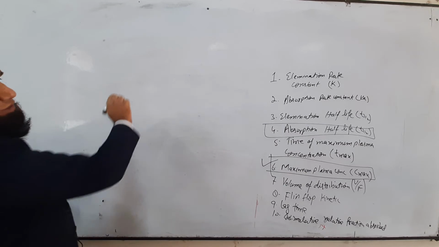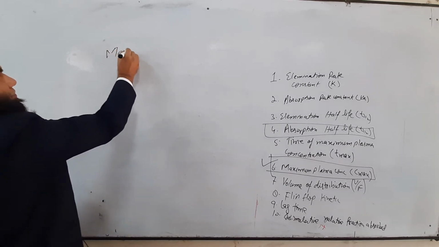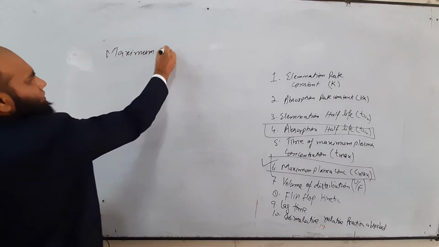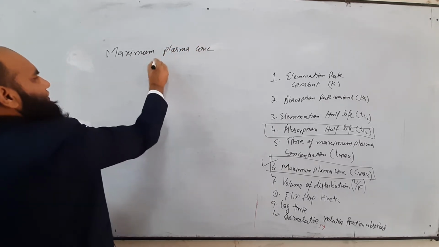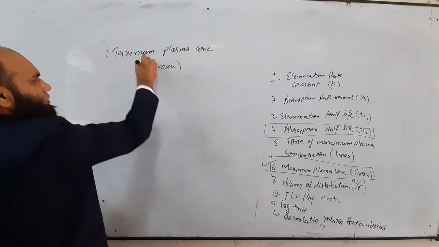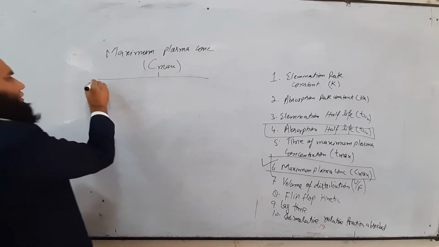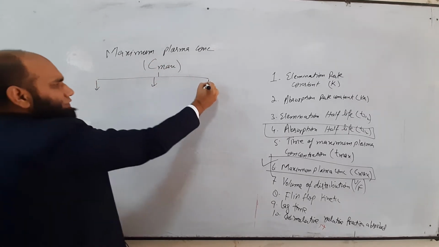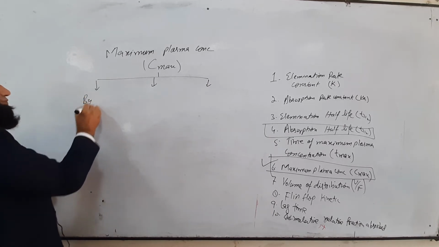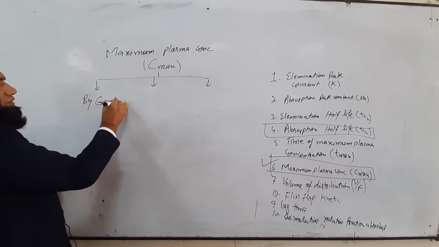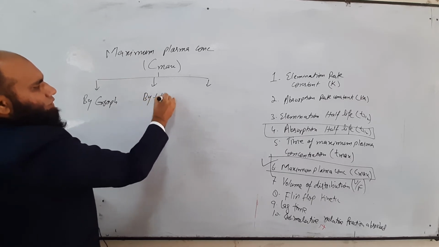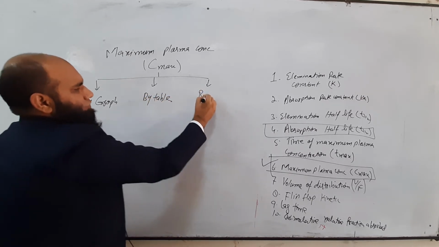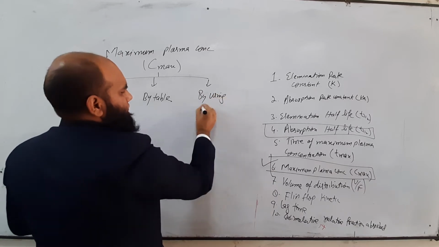The first question is the maximum plasma concentration, that is also called Cmax. How can we calculate it? We can calculate it in three ways. One is by graph, another is from the table, and the other is by using an equation.